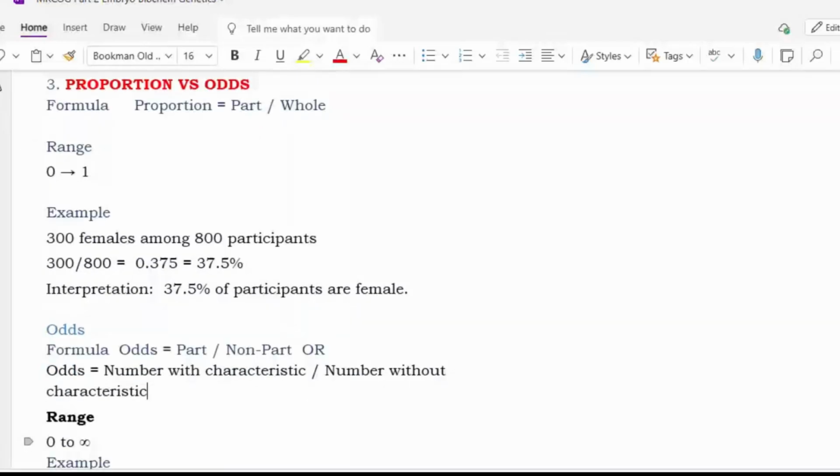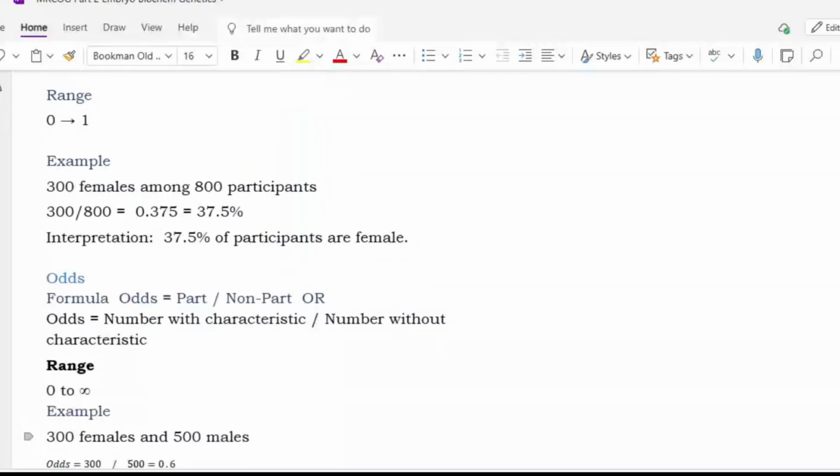What is the range for the odds? Odds can range from 0 to infinity, while proportion can range from 0 to 1. Please remember this: the range for the proportion is 0 to 1 because the numerator is part of the denominator. While in odds, though it is also a ratio, the numerator is not part of the denominator. So here the range is 0 to infinity.